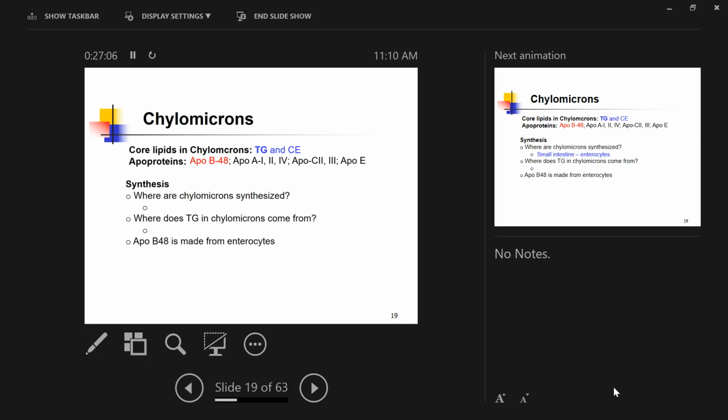So I think you guys just want to remember ApoB48 and ApoC2, right? And since ApoC2 is very important for enzyme activation, which enzyme requires ApoC2 for its function?